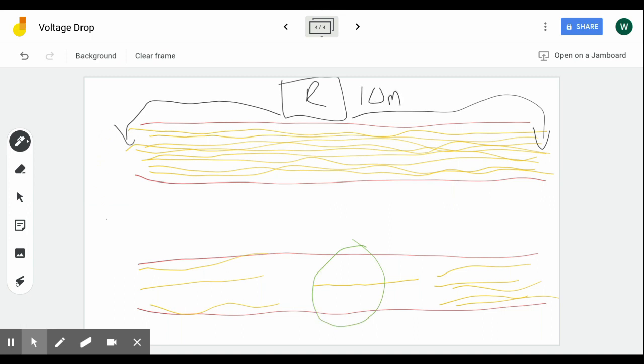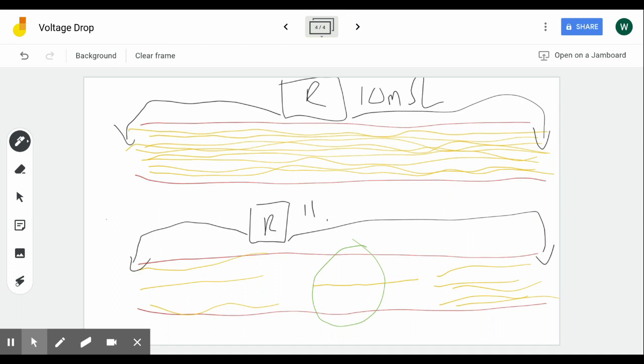That's not megaohms, that's milliohms of resistance. I do the same test on this wire, and I find that I have a resistance of 11 milliohms. It's 11 thousandths of an ohm. Am I really going to be concerned with this? No, because I'm going to look at this and go, one extra thousandth of an ohm of resistance? No, that wire looks fine to me.